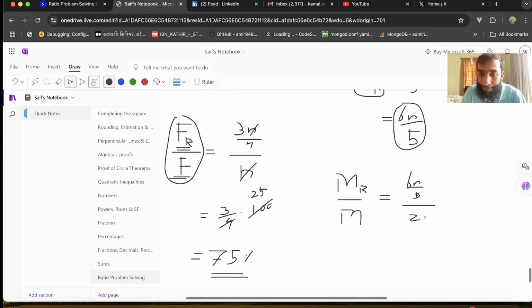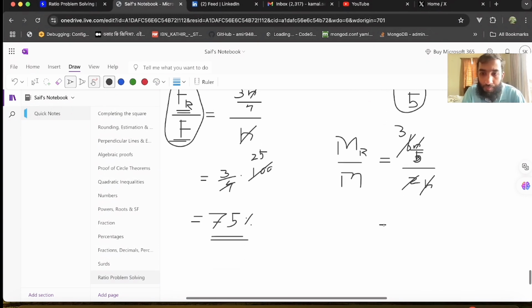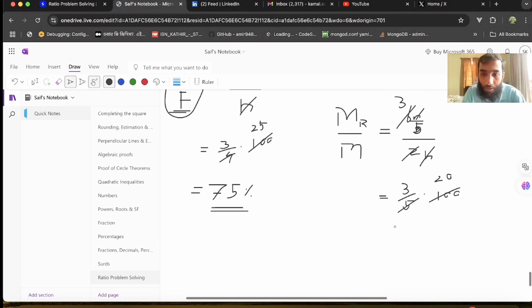So if I cut off n and divide 6 by 2, I get 3, and this is 5, of course. So we get 3 by 5. So if I multiply it by 100, I get the percentage. The percentage is what? 20 multiplied by 3, which is 60%.